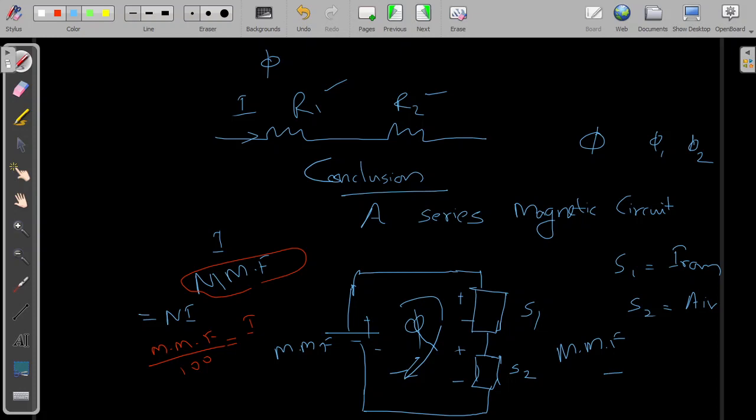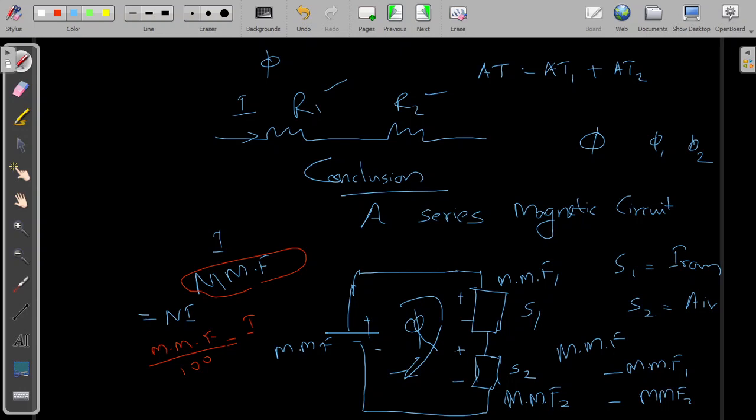Let me say this is MMF 1 and this is MMF 2, so MMF 1 minus MMF 2. That means MMF, or otherwise you will call it ampere turns, AT, will be equal to AT1 plus AT2 instead of MMF 1 and MMF 2.